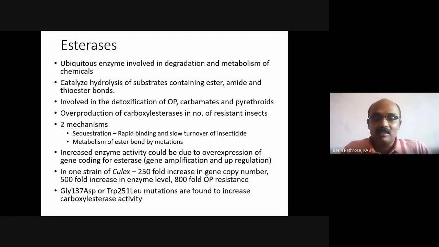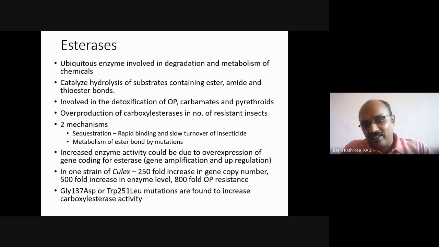So it can be phytochemicals, it can be pesticides, any other foreign compound. We call it a xenobiotic. Sometimes I may use the term xenobiotic. Xenobiotic is nothing but a foreign chemical.